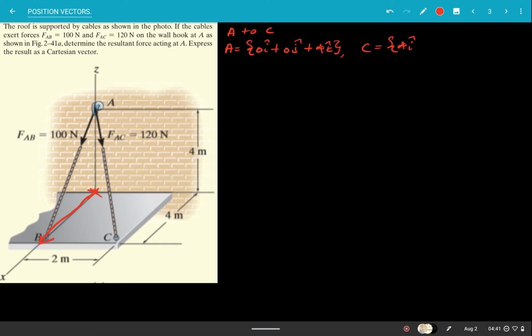Then after that, you will move along the positive y-axis 2 units. So it's going to be plus 2 in the J. But we've already reached C, so there's no need of us even considering the coordinate of the Z, because C is not even in the Z. So it's going to be plus 0 in the K, like that.